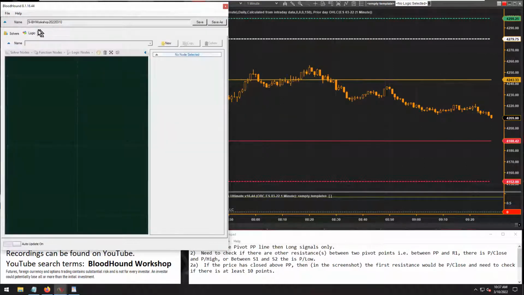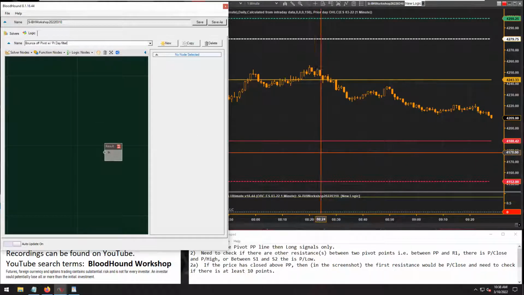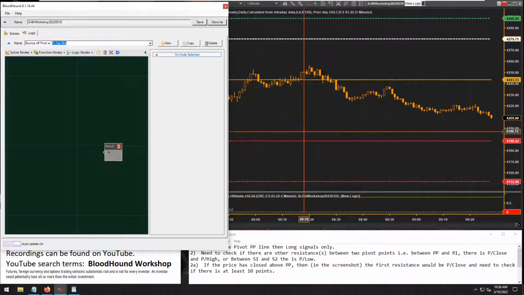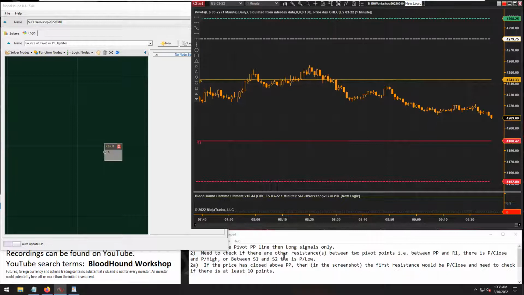All right, so I'm going to start working on the logic tab, and let's create a new logic template there. Another thing that's being used in this system here is the prior day indicator, right? So the prior day indicator is also being used as support resistance lines.